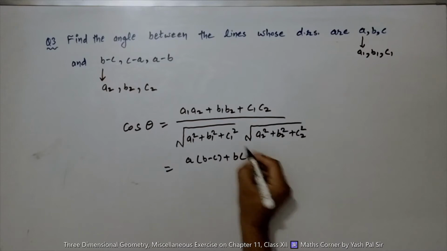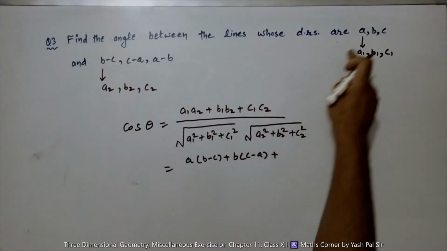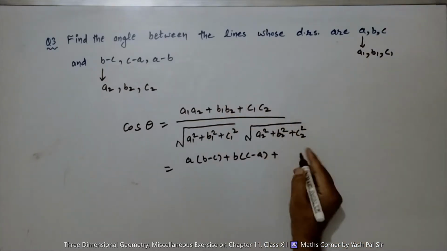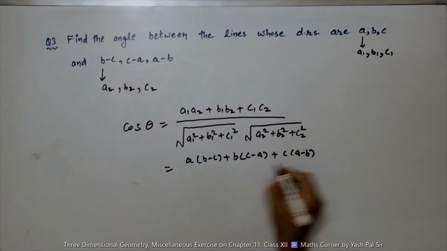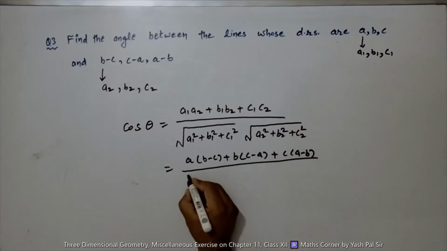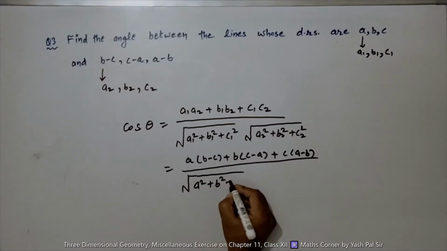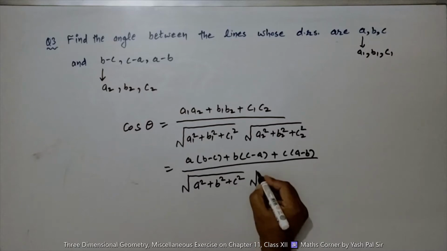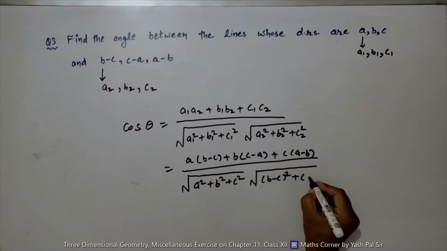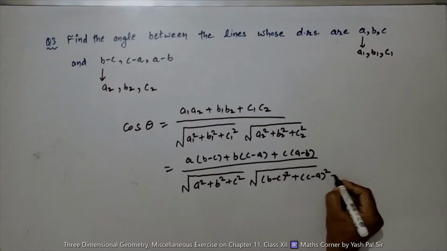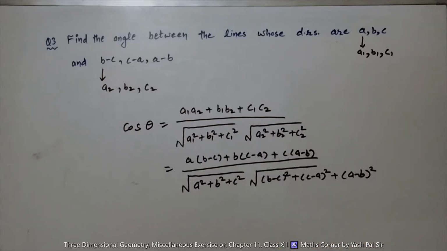plus b into c minus a, plus c into a minus b, divided by the square root of a square plus b square plus c square into the square root of b minus c whole square, c minus a whole square, plus a minus b whole square.